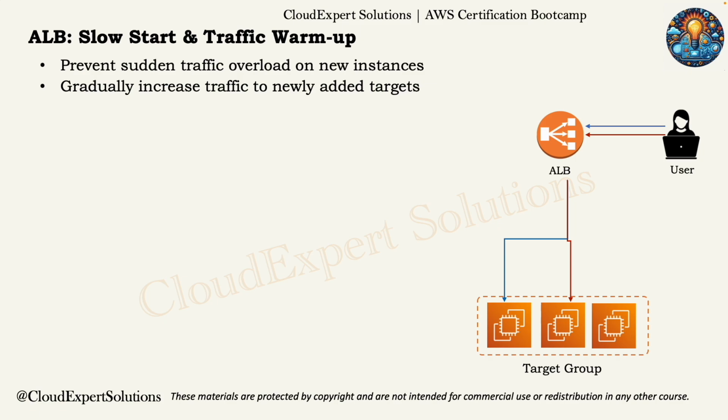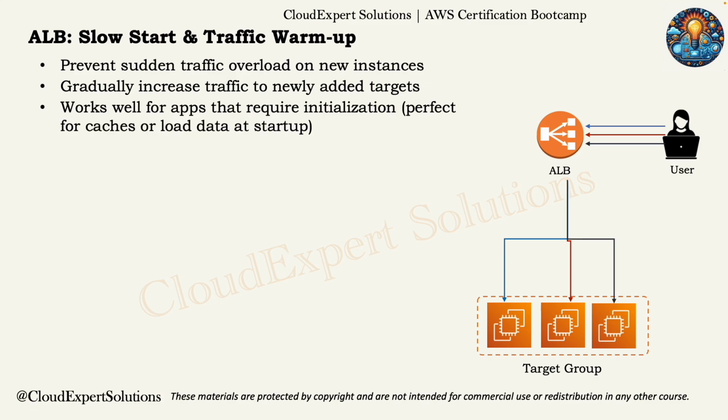Now instead of flooding it with requests, application load balancer slowly increases the load so that the server can warm up. This is perfect for applications that initialize caches or load data at startup, and you can configure the slow start duration and keep the value between 30 seconds to 900 seconds.